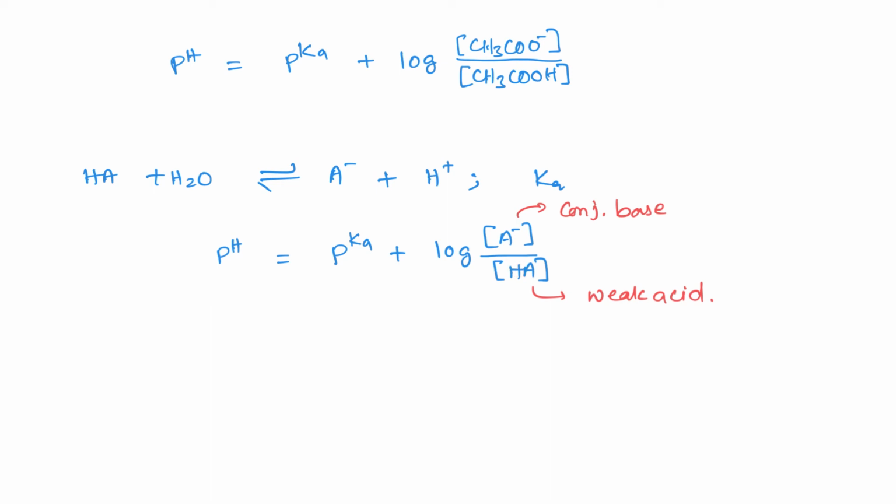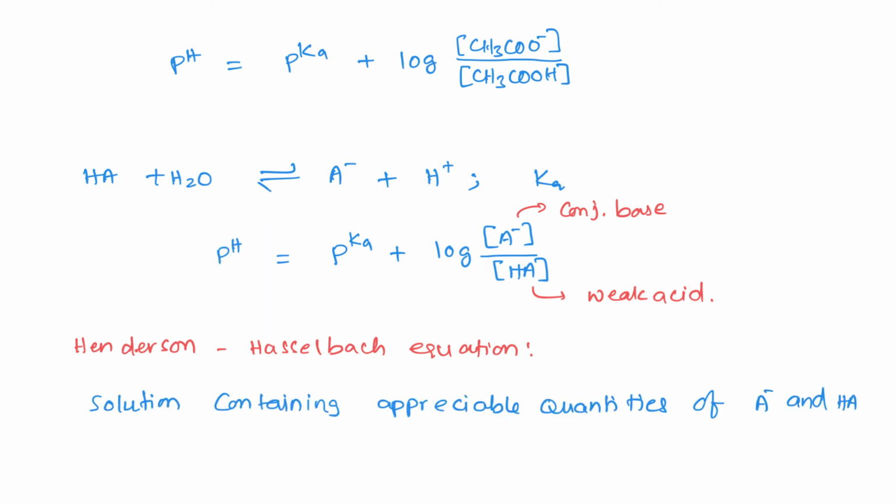That is, concentration of the conjugate base divided by the concentration of weak acid. This is called the Henderson-Hasselbalch equation. It is a very famous equation using which we can calculate the pH of a solution in which we have appreciable quantities of a weak acid and its conjugate base.